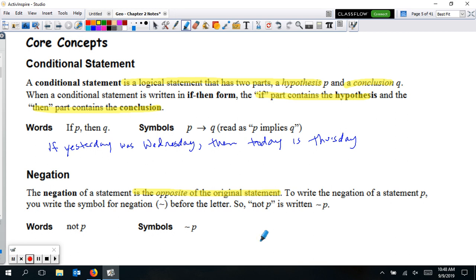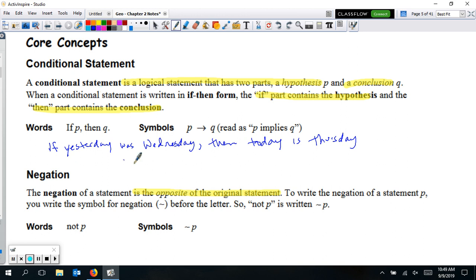So just make sure you realize that you need to know what a hypothesis and conclusion are. Now it does give you these symbols, and you may see the P and the Q. You don't have to worry about the P and the Q symbols. I'm not going to test you on the symbolization of these things. You're just tested on understanding the vocabulary of it. But basically in words, if P then Q, negation is just not P. So P was the hypothesis.